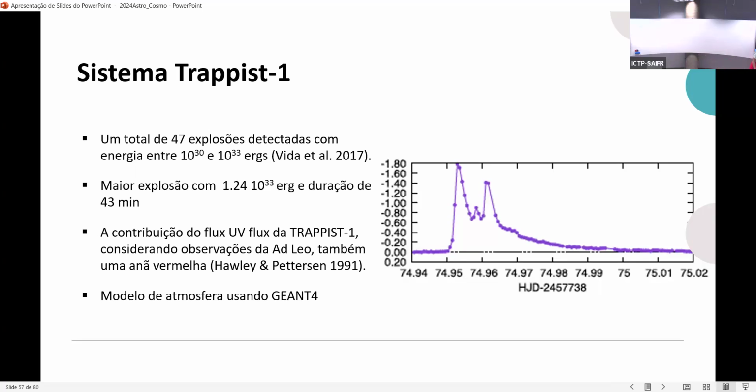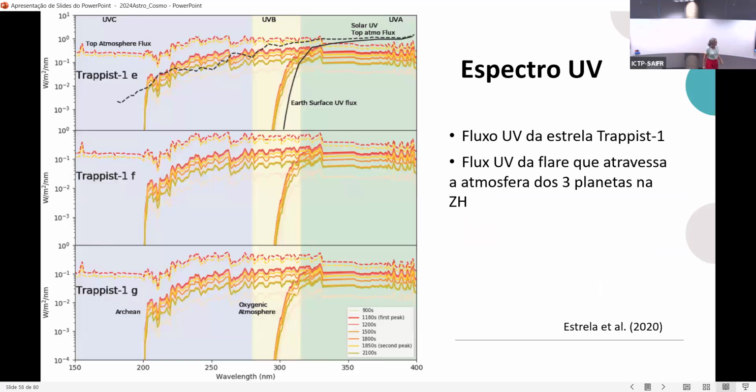Again, we used AD Leo to estimate the amount of ultraviolet flux out of the total, the bolometric flux, because in Kepler data you see the bolometric flux, so we have to estimate how much of it, not all of that, goes into the ultraviolet.